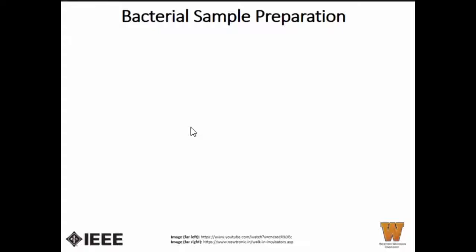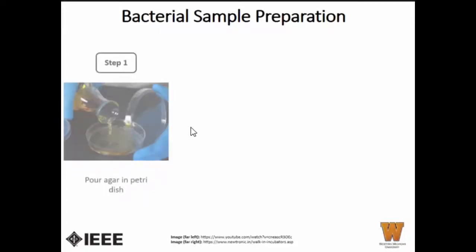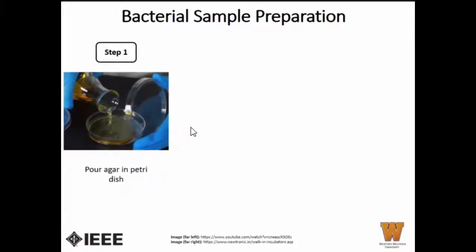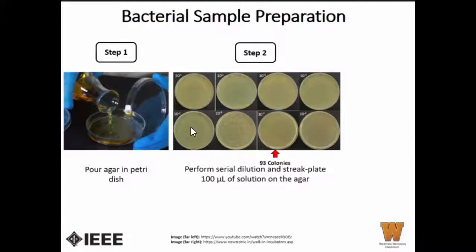In order to do the test, here is the bacterial sample preparation, where we use liquid Luria-Bertani, LB, or agar, in order to form and grow our colonies. We pour these onto Petri dishes with a height of 15 micrometer.